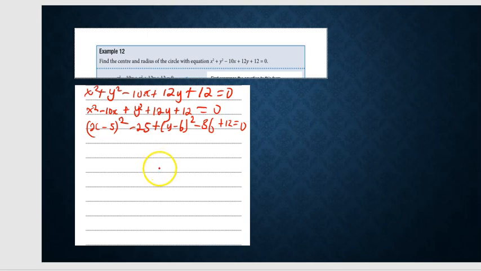From here, we can try to rearrange this form. So we have x minus 5 squared and y minus 6 squared. This must be equal to 49.